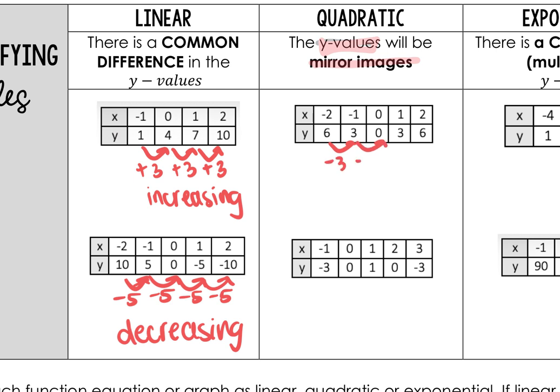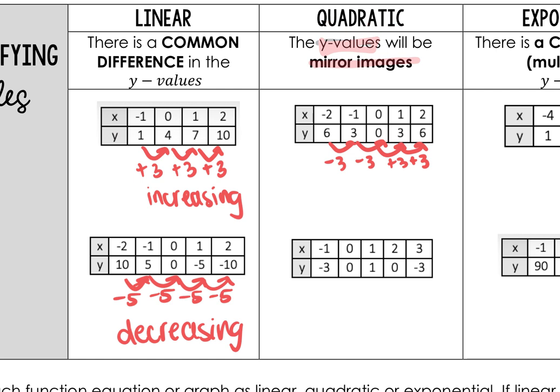So down 3, down 3. But then we go back up to 3 and back up to 6. So then it's plus 3, plus 3. These y values are mirror images of each other. 6, 3, 0, and then back up 3, 6. So because of this mirror image, that's how we know that this table is going to be quadratic.